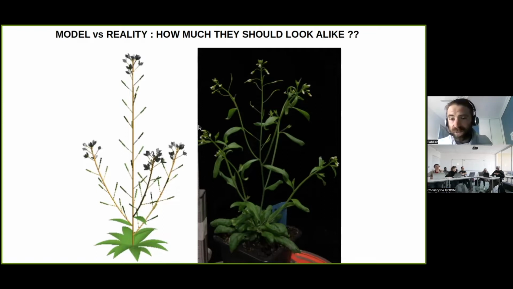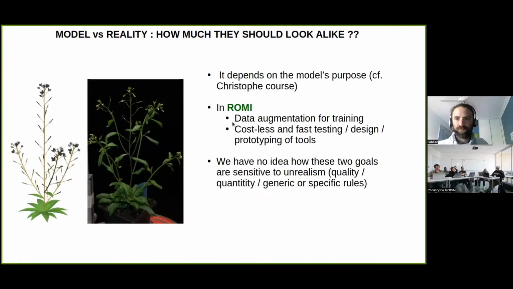So here we have an objective, which is we would like our model to be realistic, and maybe just as a very short introduction, we should say why we want such a model to be realistic. So very briefly, first, it's not an objective per se, because it depends on the model purpose.